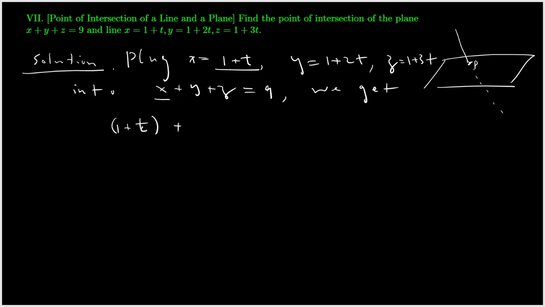It's not necessary to use brackets, okay? But I want you to see that is x, okay? And then we replace y with 1 plus 2t. We replace z with 1 plus 3t, right? 1 plus 3t, I think I got that right.